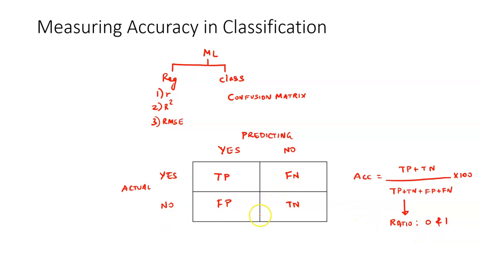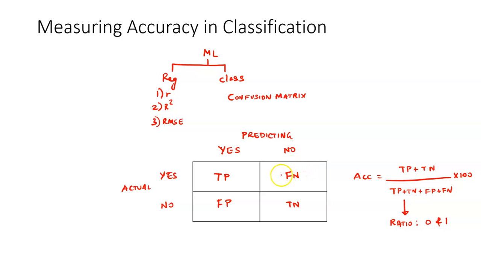In addition to accuracy, I can also assess how good the model is in assessing the negativity, that is the no factor. How good is the model in correctly predicting the positivity, right? That also I can do. True positive divided by true positive plus false positive. That is how good the model is in assessing the positivity.